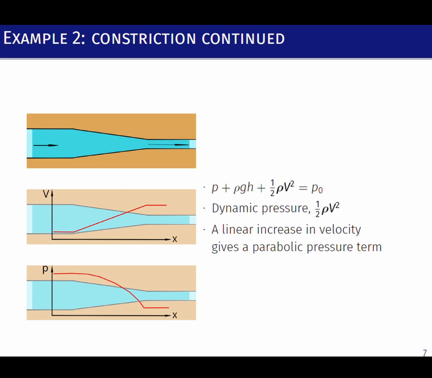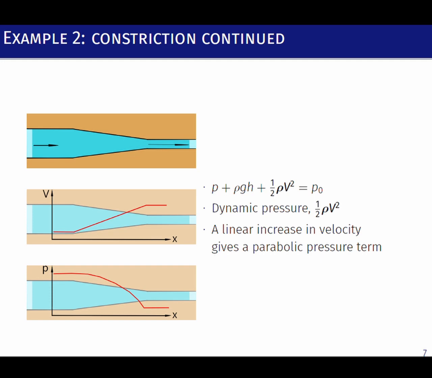As I said, at a constriction, the velocity is going to be increasing. In this case, the constriction is a linear constriction, so the velocity will be increasing linearly, as in a straight line. The dynamic pressure is therefore going to be proportional to the square of the velocity, so it's going to have a parabolic shape.